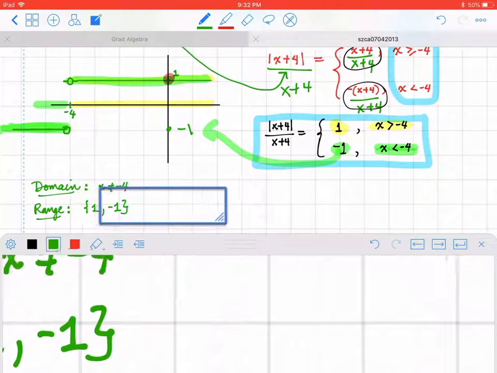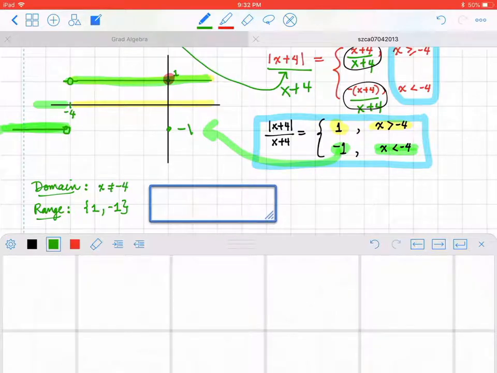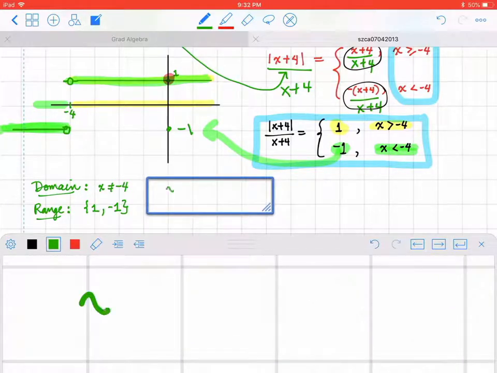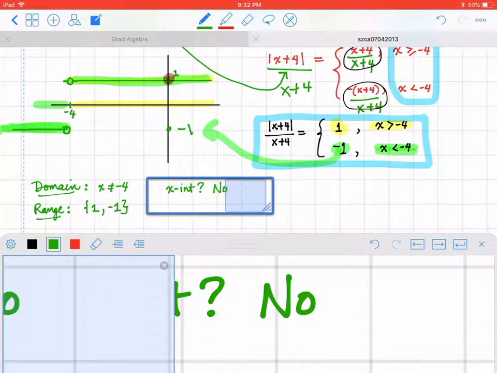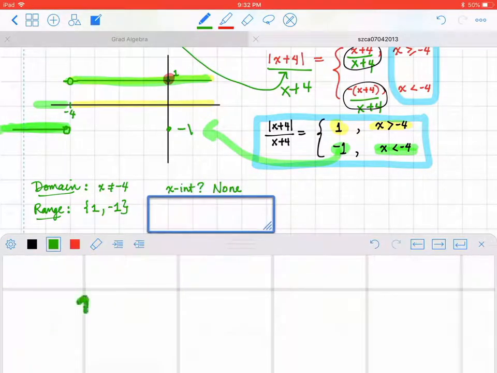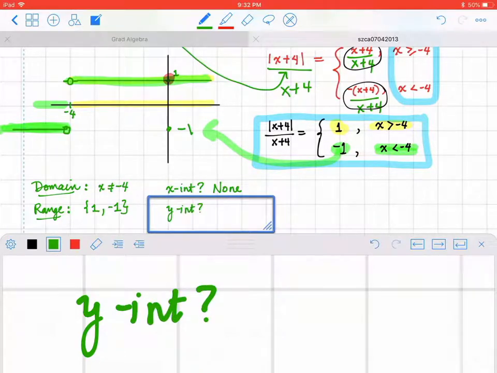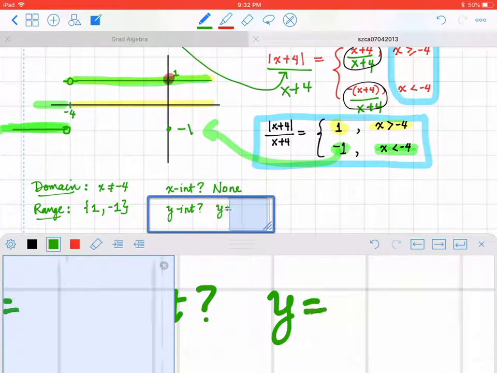And let's see. What about x-intercepts? Are there any? And you can see that there's none. So I'll put none. And what about y-intercepts? Are there any? There is, and that happens at y equals 1.